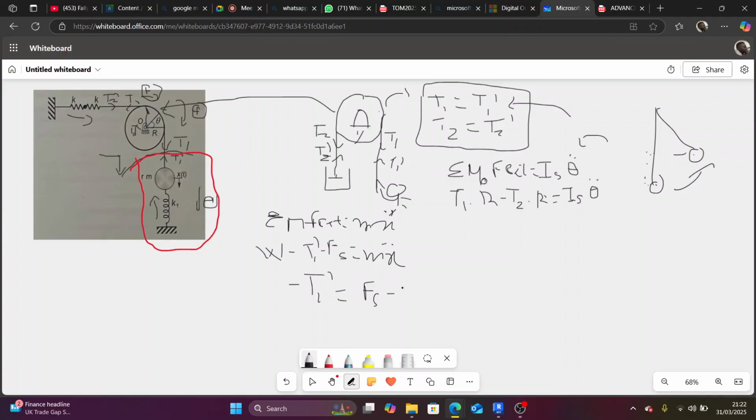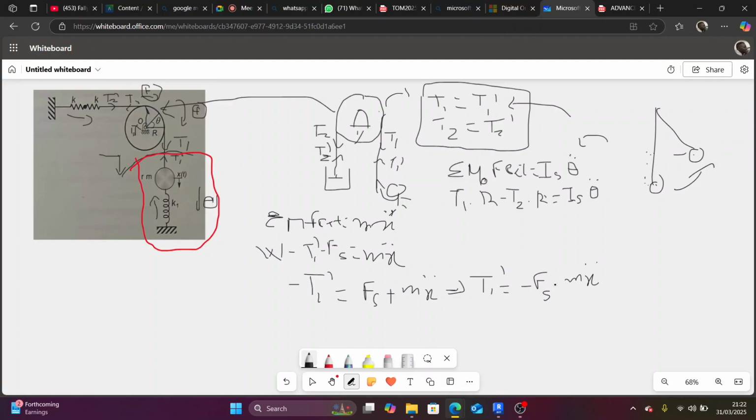Fs minus m x double dot. Now you make T1 prime minus m x double dot. Is it plus? Yes, plus. So we have minus Fs minus m x double dot.